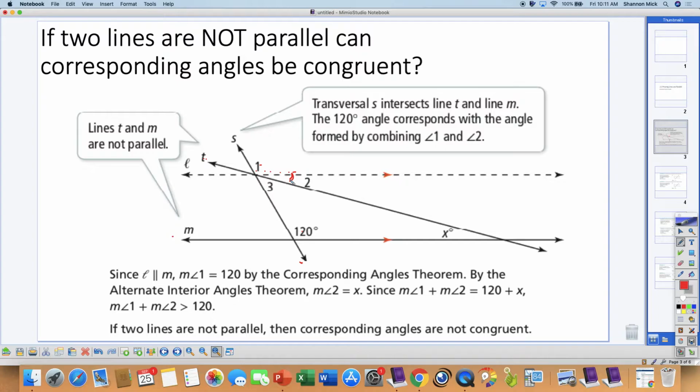No. So if two lines are not parallel, are corresponding angles congruent? No, they're not congruent. So if they are congruent, does that make the two lines parallel? If the corresponding angles are congruent, can we conclude the lines are parallel? Yes, because I just showed you if they aren't parallel, they're not congruent.